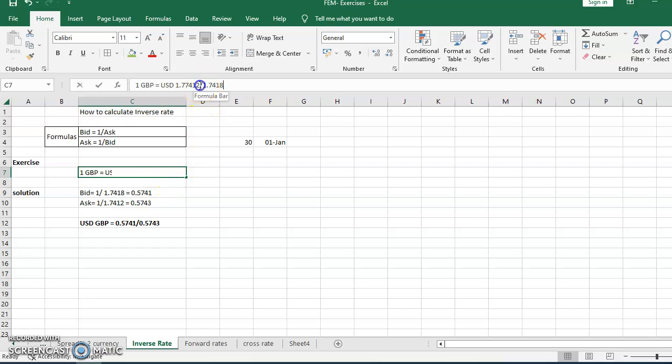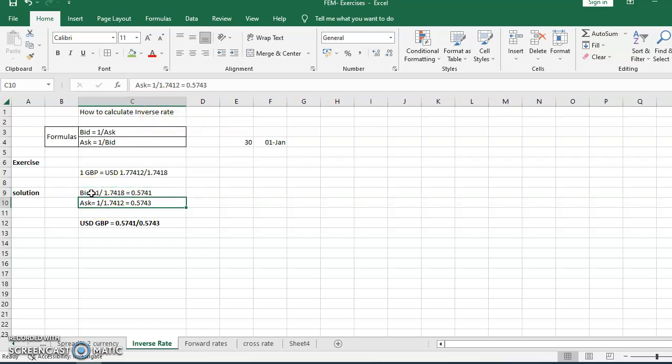We all know the first part of the quote is the bid and the second part is the ask. So I have to calculate the inverse rate for both the bid as well as the ask.